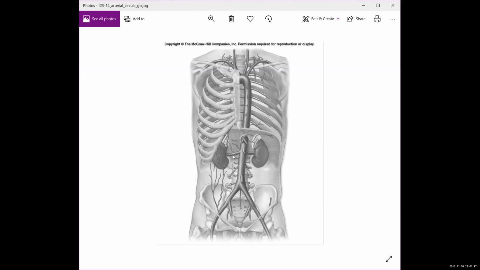Renal artery. Name these, which come off the aorta. Gonadal artery. Name this. Inferior mesenteric artery.